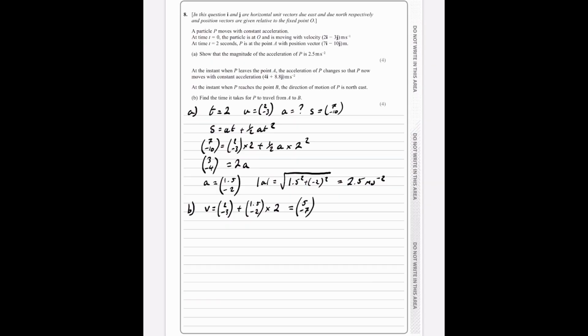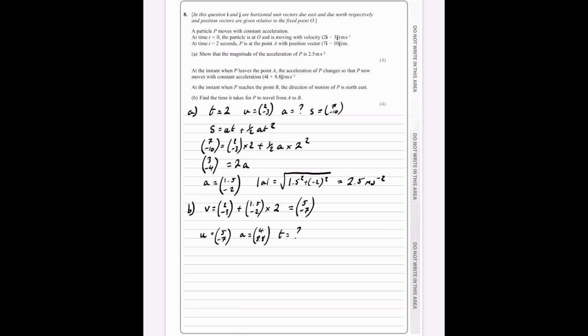Then, if we take that as our new value of u, we've got a to be (4, 8.8), and we're working out t. Well, we want to find the time at which the i components and the j components are the same, or the x and the y if you're working with column vectors, and so we can equate them.